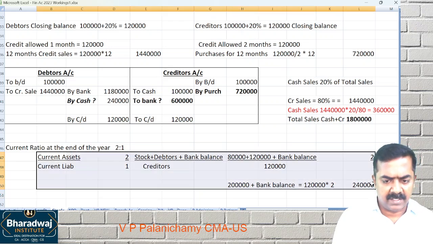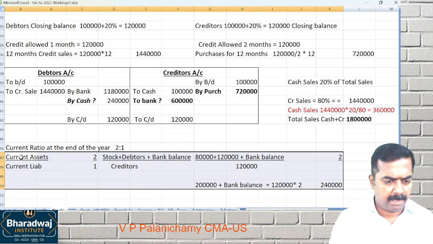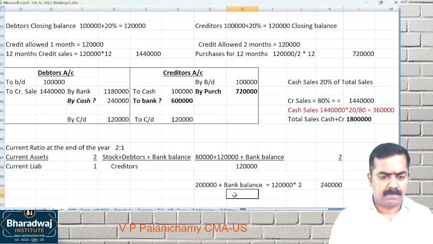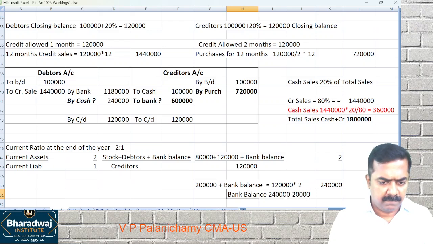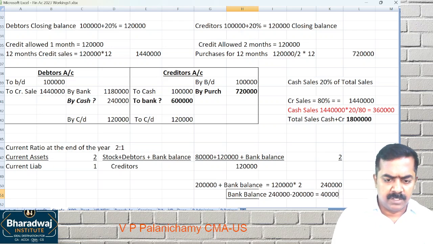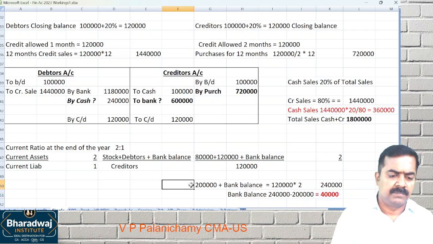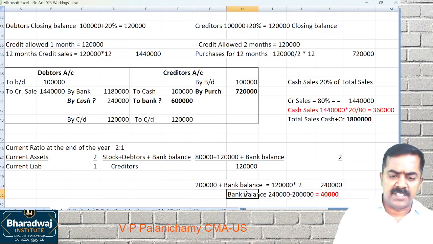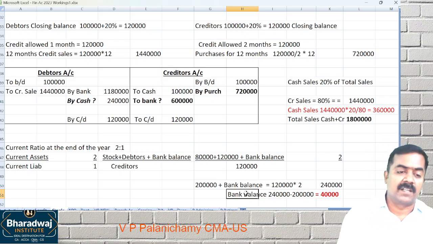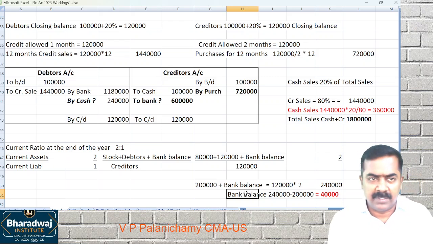This will be your closing bank balance for balance sheet. No cash balance, because the balancing figure in cash should be taken as what? Last result. That is charged in which account? P&L account.